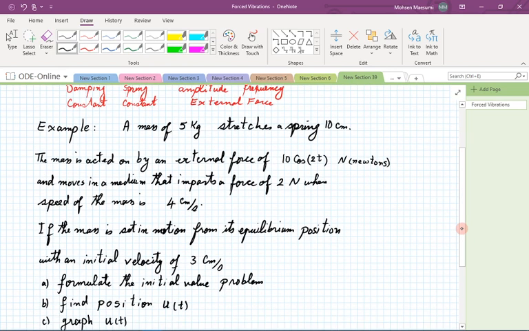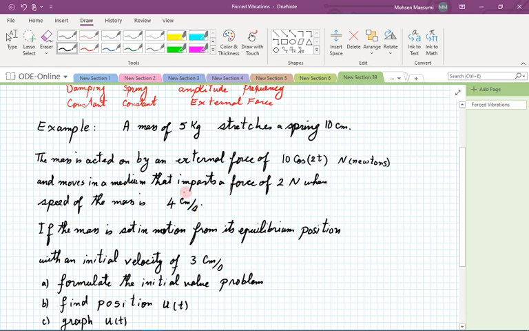So here's a problem. We have a mass of 5 kilograms that when you attach it to a spring is going to stretch it by 10 centimeters. Then the mass is acted on by an external force of 10 cosine of 2t in newtons and moves in a medium that imparts a force of 2 N when the speed of the mass is 4 centimeters per second.